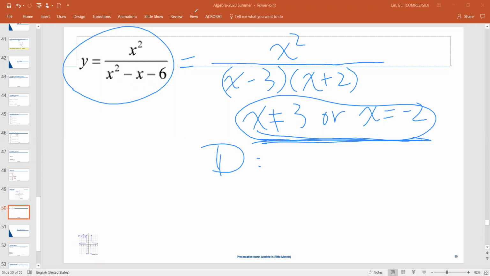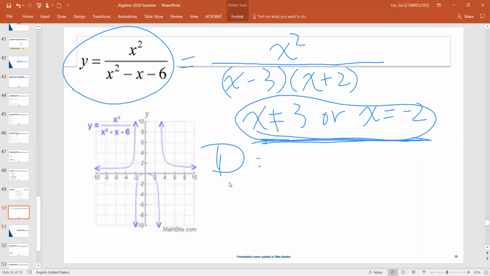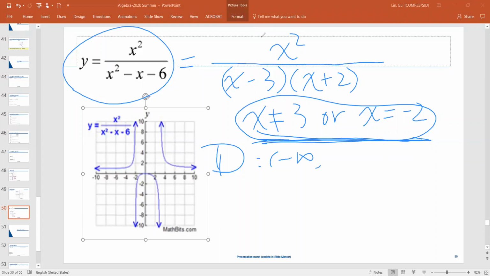All right, let's see what the picture looks like. I know you guys maybe say, "Woo!" The domain here: -infinity to -2, and -2 to +3, and 3 to +infinity.